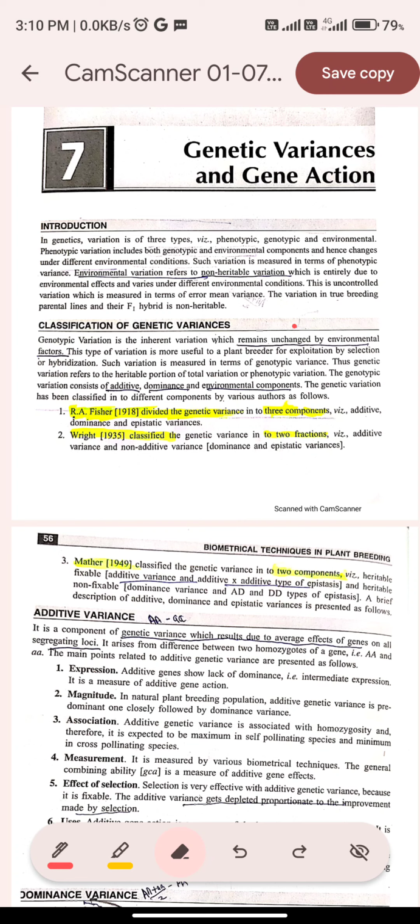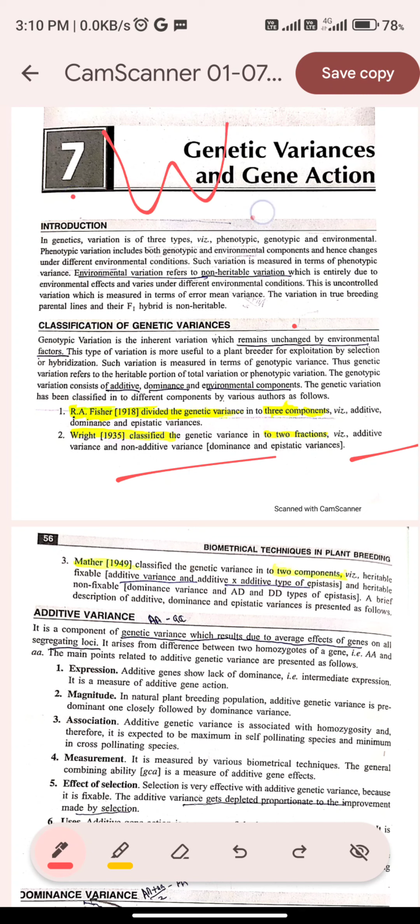Now there is another scientist, Wright, in 1935. He divided the genetic variance into two fractions, mainly additive variance and non-additive variance.